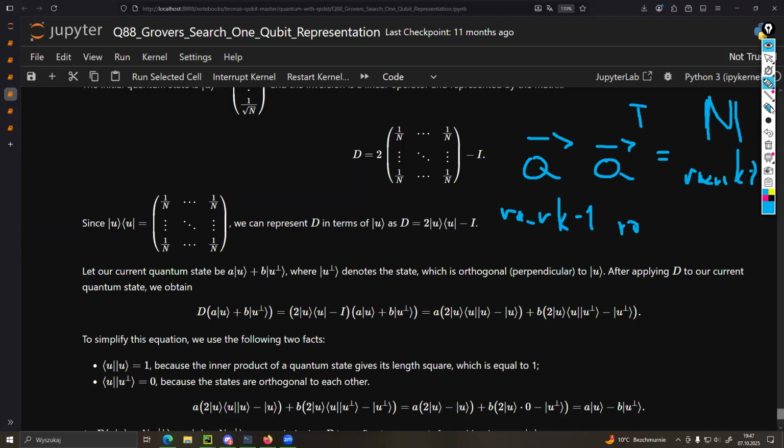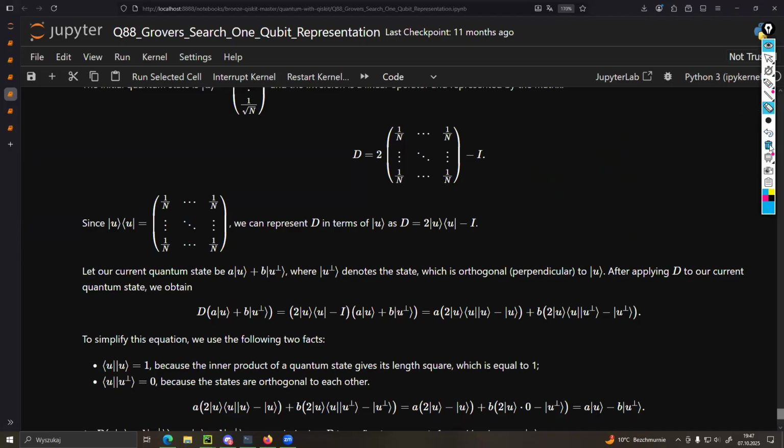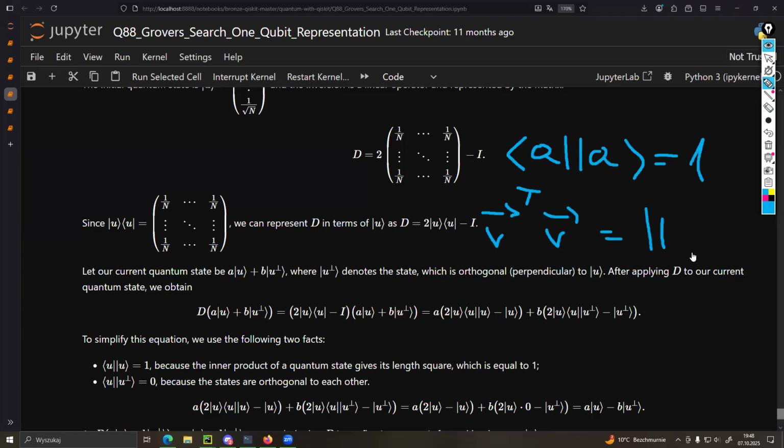And there is one other thing: when we do something like this, a bra and a ket with the vector itself, it goes to 1. Why is that? It is very simple to answer, because when we recall the vector transposed and vector, it was the norm of a vector, right?